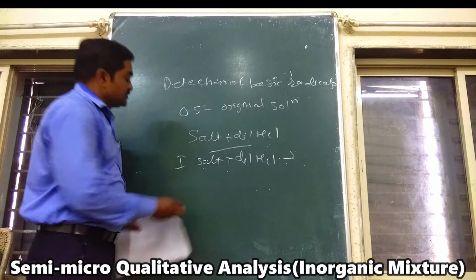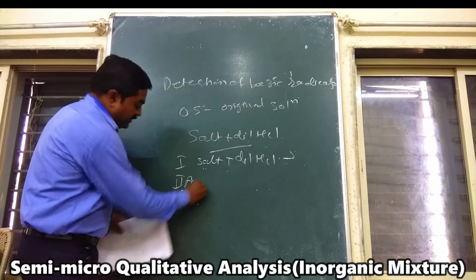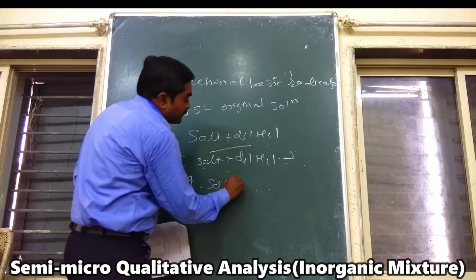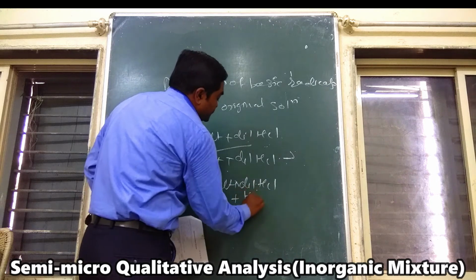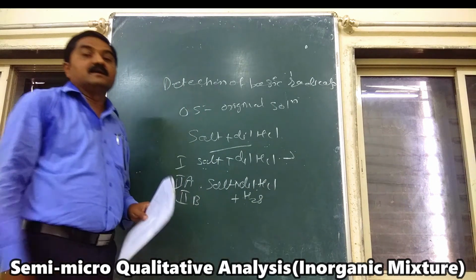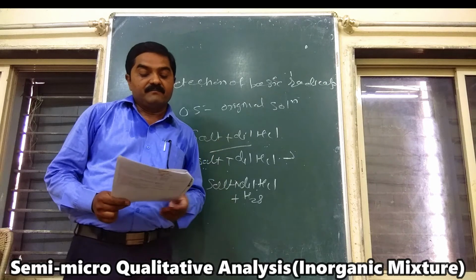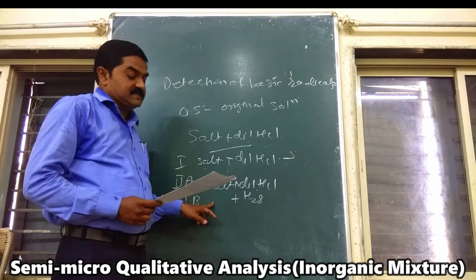Then for second group, second A and second B, salt plus dilute HCl, pass H2S gas. If a colored precipitate is formed, such as yellow PPT, brown PPT or black PPT, second A may be present.